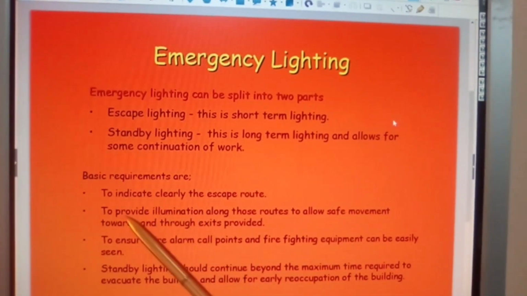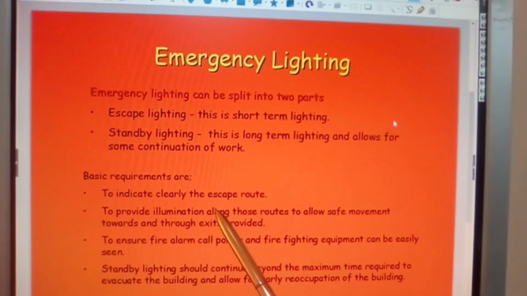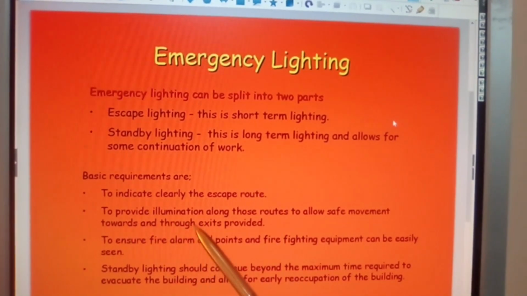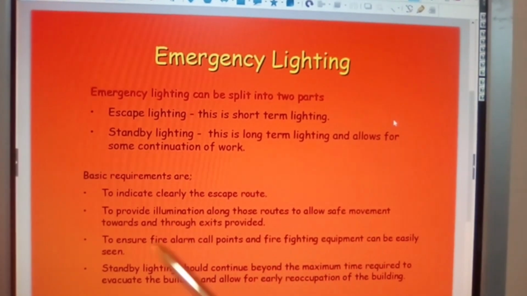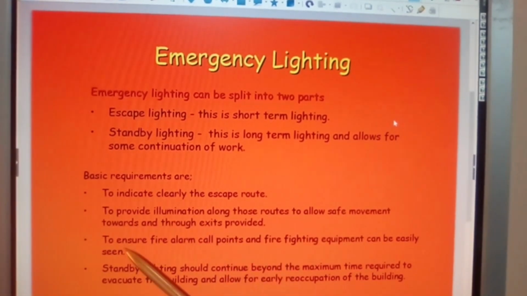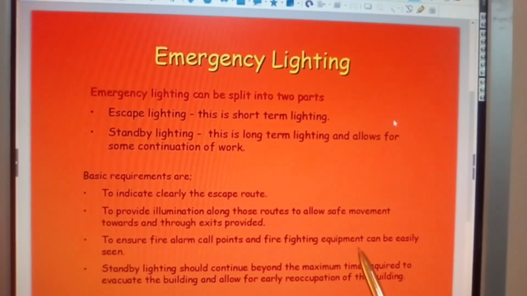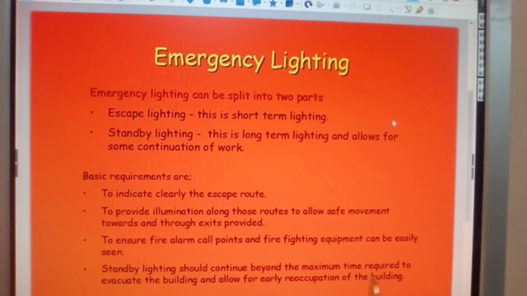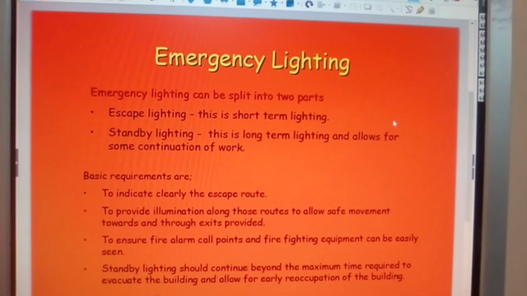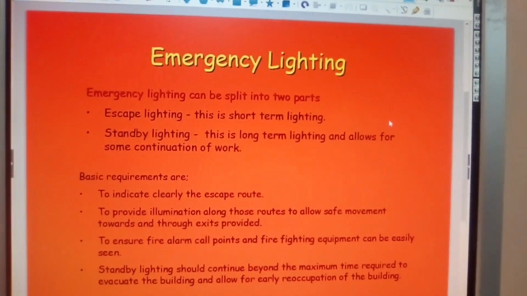Basic requirements are to indicate clearly the escape route, to provide illumination along those routes to allow safe movement toward and through exits provided, and to ensure fire alarm call points and firefighting equipment can be easily seen. Standby lighting should continue beyond the maximum time required to evacuate the building and allow for early reoccupation of the building.